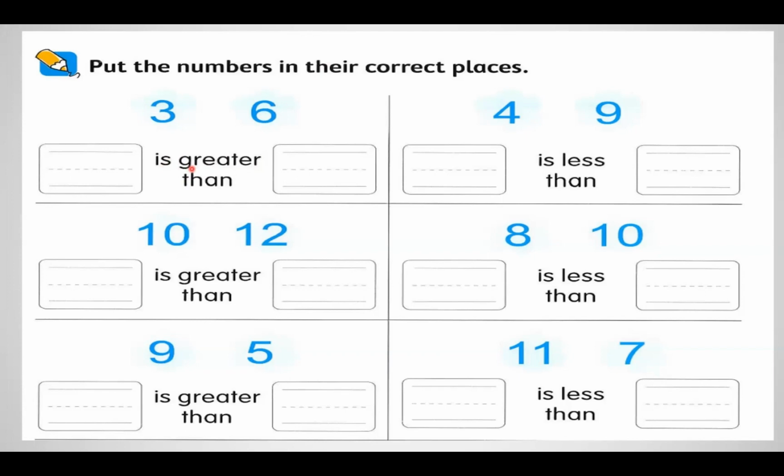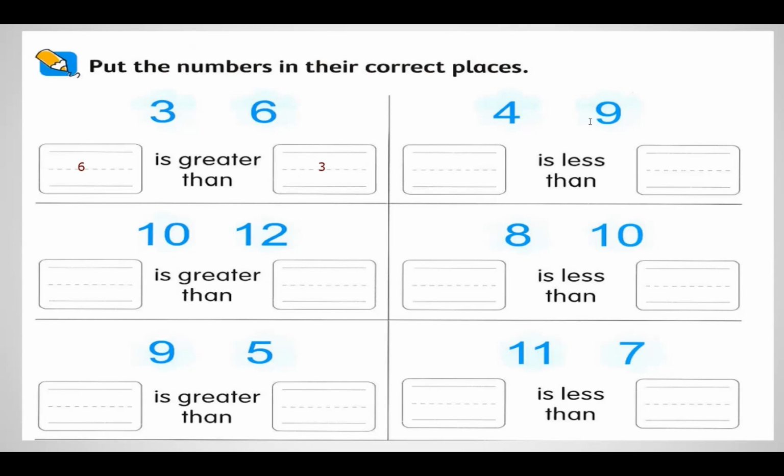Yes, we said greater means bigger. So which is bigger, 3 or 6? Of course, 6 is bigger, so we will put it first. And put the second number here. So 6 is greater than 3.